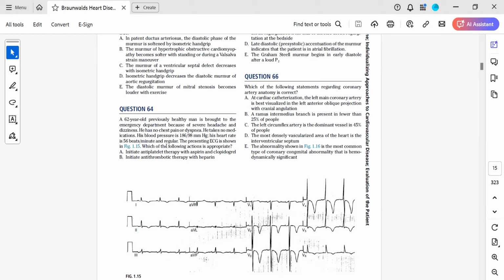The pressure is high, the pulse is 56, so he has a Cushing's triad likely. The BP is high, he has a bradycardia. We didn't talk about the respiratory pattern, but likely he has increased ICP with cerebral T waves from increased intracranial pressure.